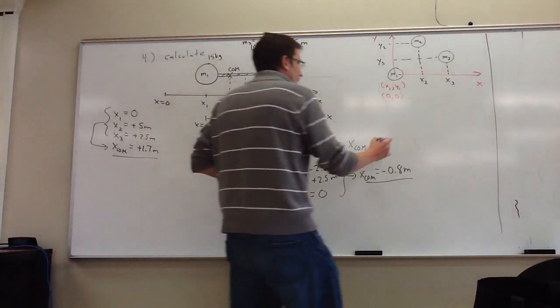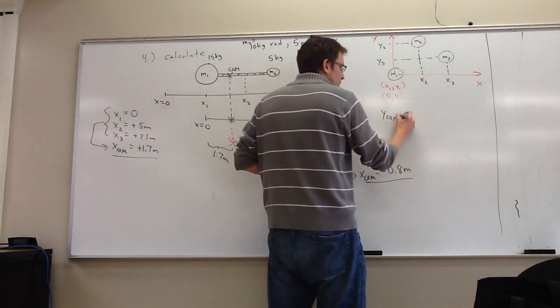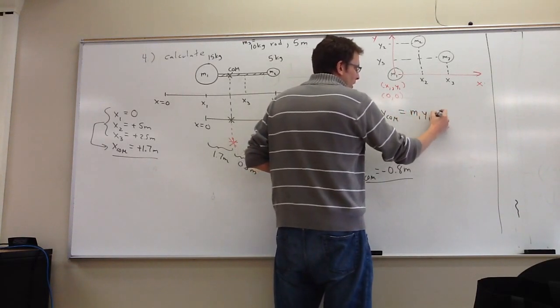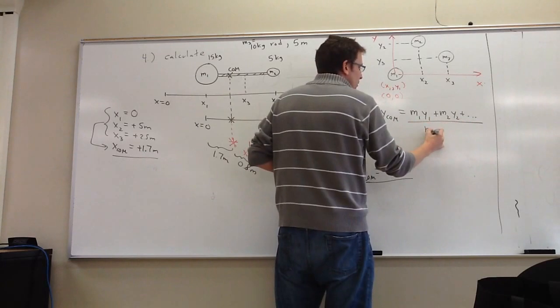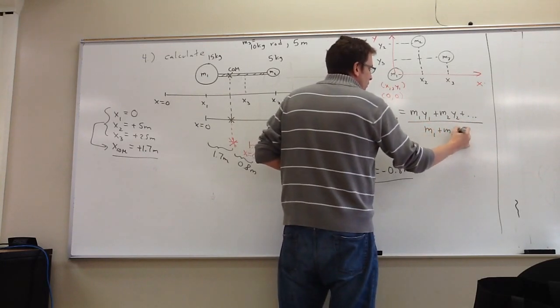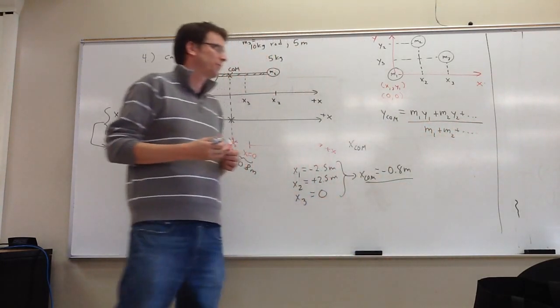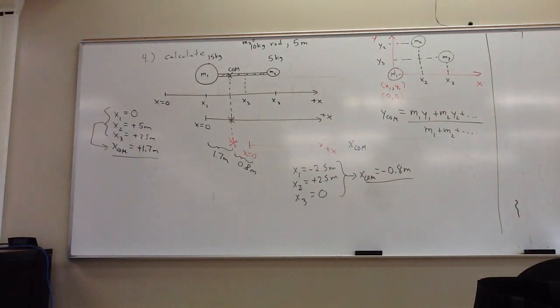And for the y-coordinate, you do the same thing but with the y-coordinates. So you take all the y-coordinates, multiply by how much mass is at each one, and divide by all the masses.